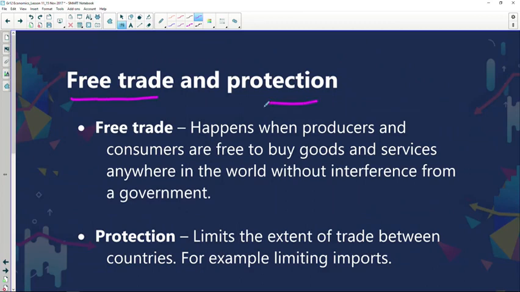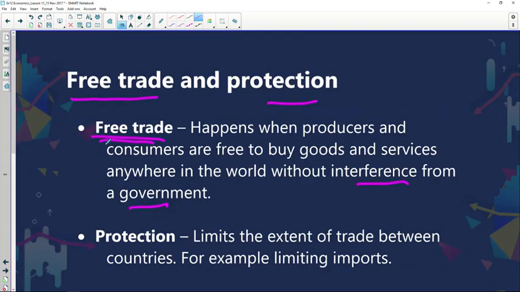And then our next concept is the concept of free trade and protection. Free trade happens when producers and consumers are free to buy goods and services anywhere in the world without interference from a government. Okay, so that's an ideal situation. We go overseas, we do our shopping, we can bring in items, and government is not going to interfere. When we get to the airport, we will not be asked to produce documents in terms of bringing goods into the country.